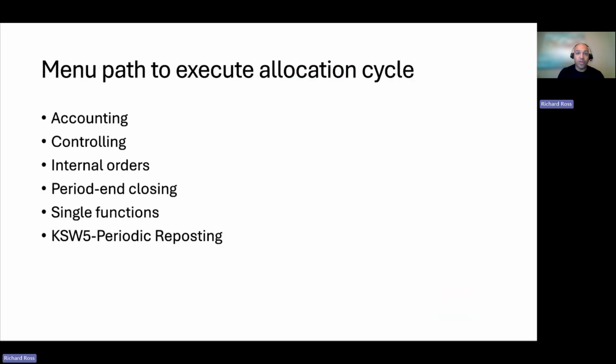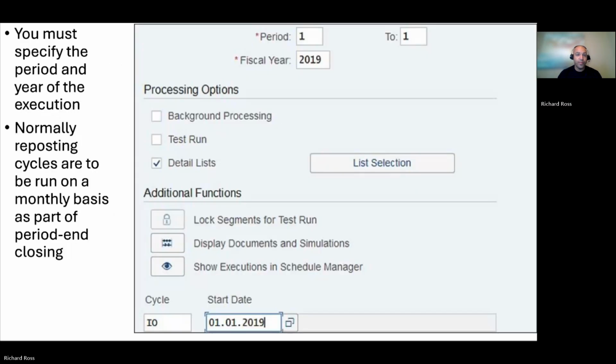Menu path to execute allocation cycle: Accounting, controlling, internal orders, period end closing, single functions, KSW5 periodic reposting. You must specify the period and year of the execution.